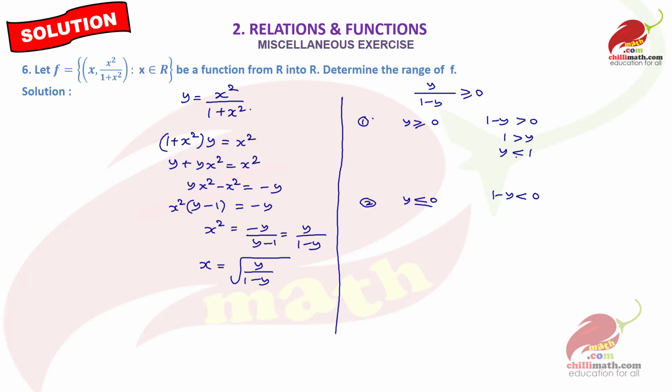So combined solution is y belongs to 0 to 1, 1 not included. The other case is 1 less than y, or y greater than 1. So you can see y less than or equal to 0 and y greater than 1, we don't have any solution because no number is there which is less than or equal to 0 and greater than 1. So our answer is from 0 to 1. So its range is equal to 0 to 1.